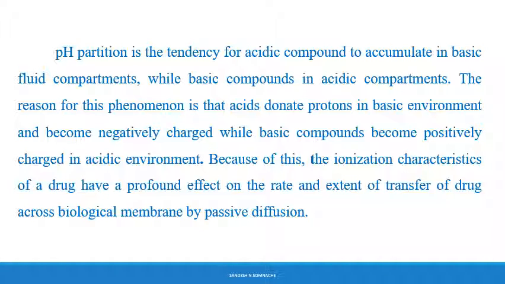When it is in unionized form, it tries to become ionized by crossing the biological membrane. That's why acidic drugs can be absorbed from the stomach region. Basic drugs, on the other hand, remain ionized in acidic pH, that is in the stomach, while they become unionized in the intestinal region and get absorbed.